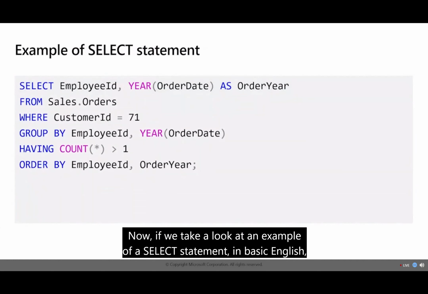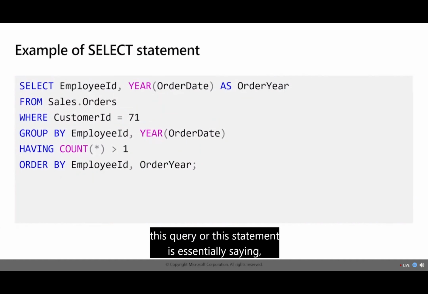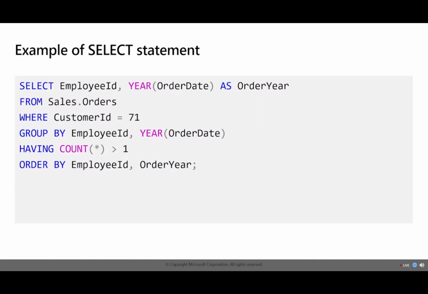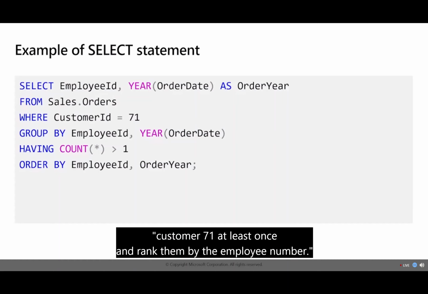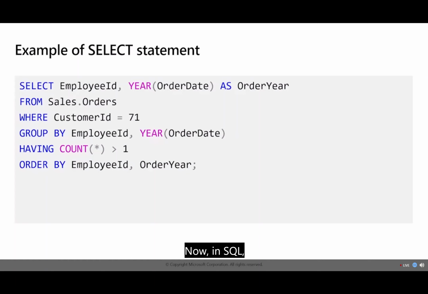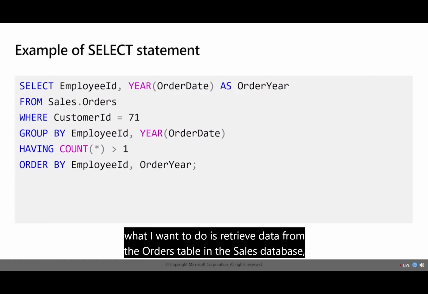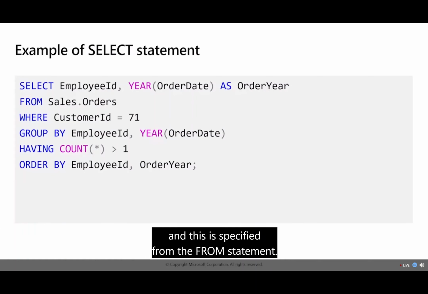Now, if we take a look at an example of a select statement, in basic English, this query is essentially saying find the employees who served customer 71 at least once and rank them by the employee number. Now in SQL, what I want to do is retrieve data from the orders table in the sales database, and this is specified from the from statement.